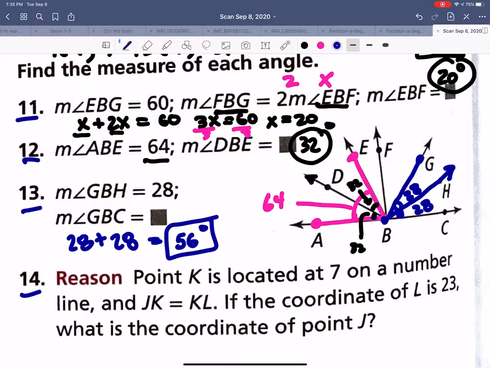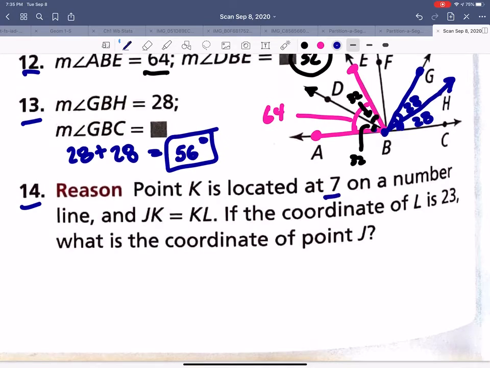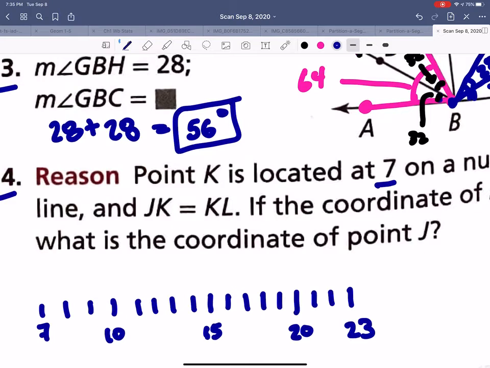Okay. Last one. It says point K is located at 7 on a number line. If coordinate L is at 23. Okay, so let's do that. So 7, 8, 9, 10, 11, 12, 13, 14, 15, 16, 17, 18, 19, 20, 21, 22, 23. Okay, so if I had a number line here, okay, there's my number line.